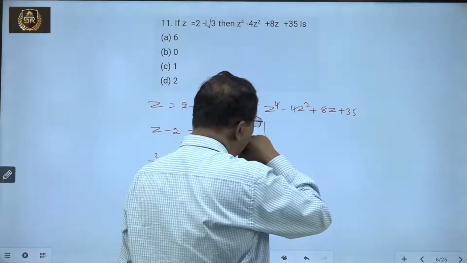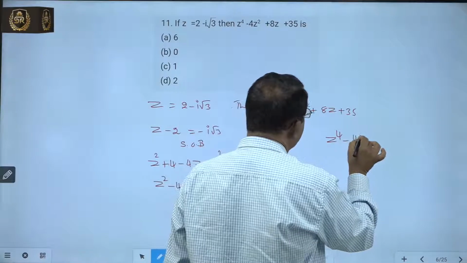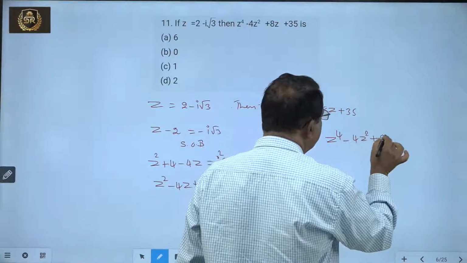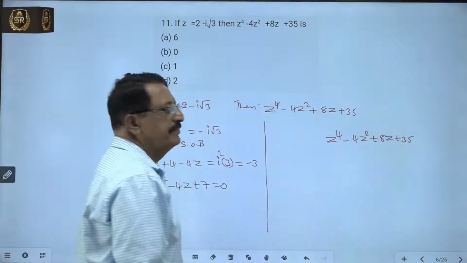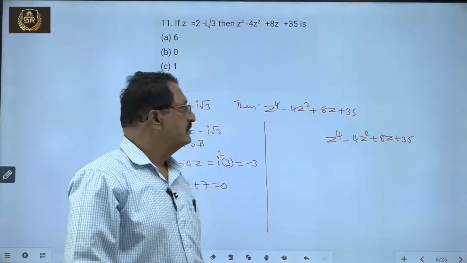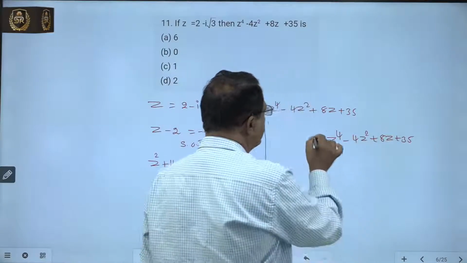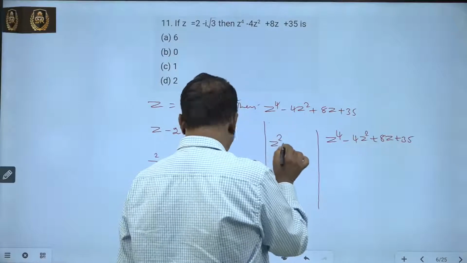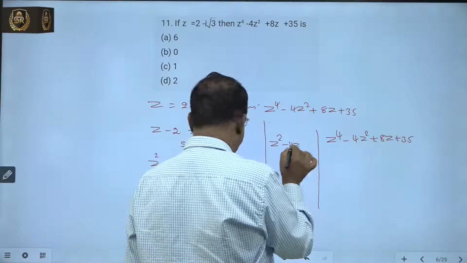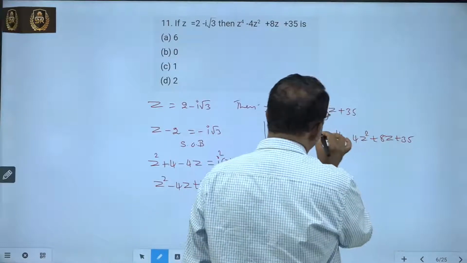Here the given expression, required the value of z^4 minus 4z^2 plus 8z plus 35. Now, it is divided by z square minus 4z plus 7. How much do you get?